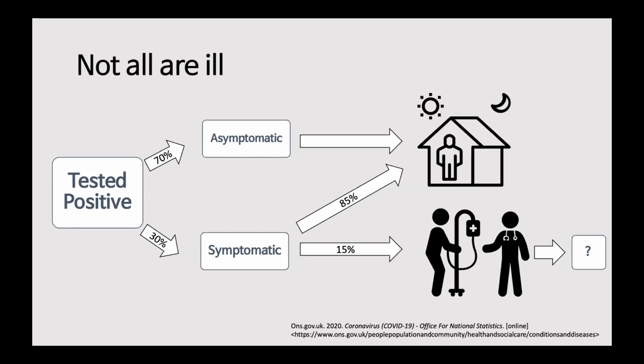And of them, 15% have severe disease and have to be admitted into the hospital, while 80% of them are not. So this means that only about 5% of those who get the disease are ill. However, as we see in the chart in the front, it's still killing many patients.